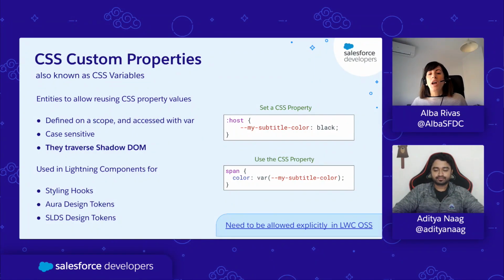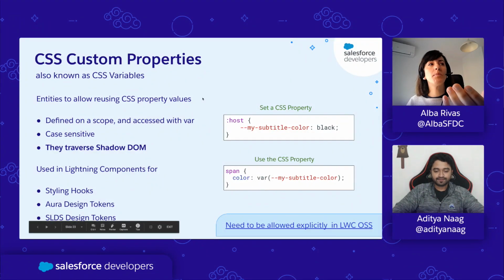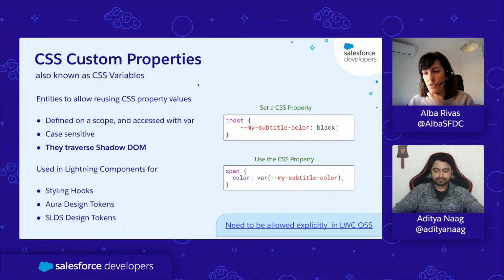Exactly. So CSS Custom Properties is another CSS feature that we can use not only in Lightning Web Components, but in any web application, right? These are also known as CSS variables. Maybe you have heard about them somewhere.